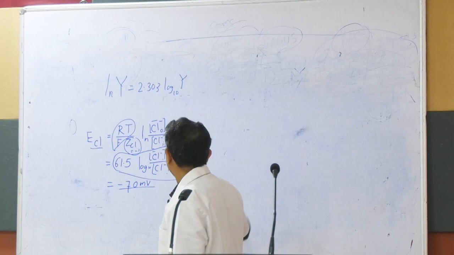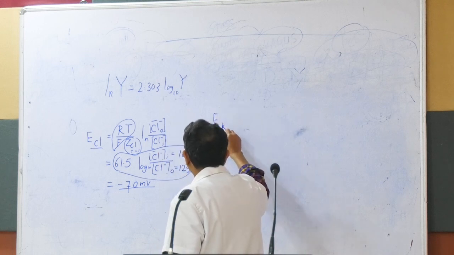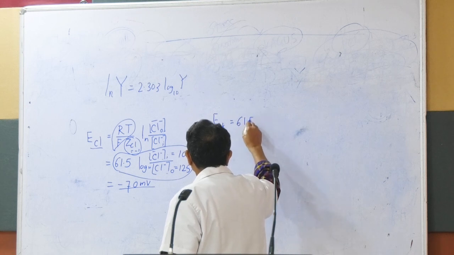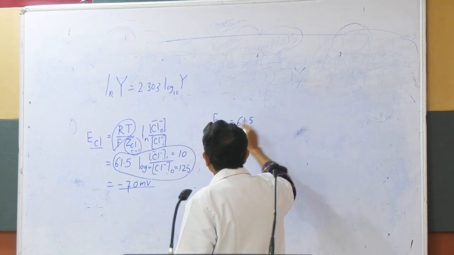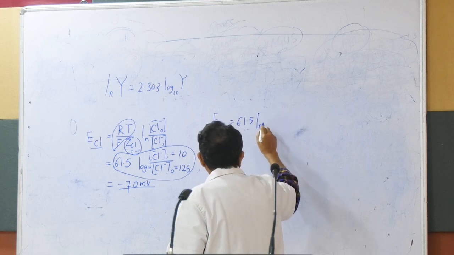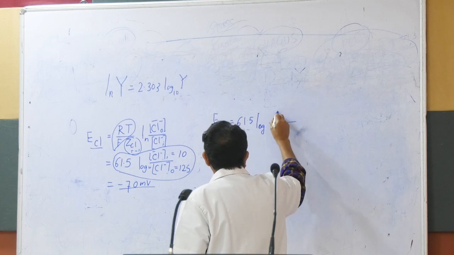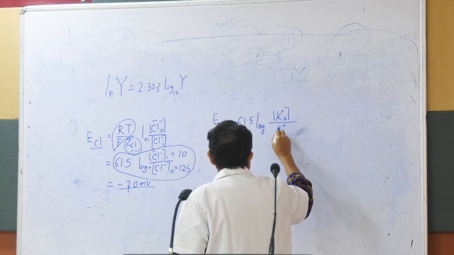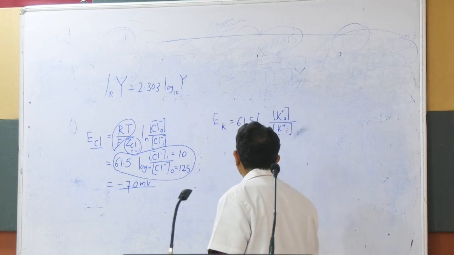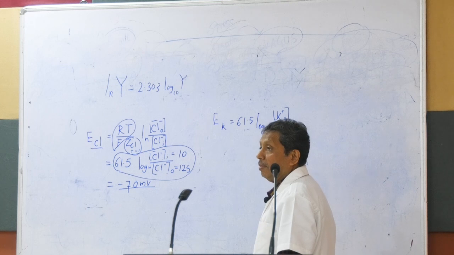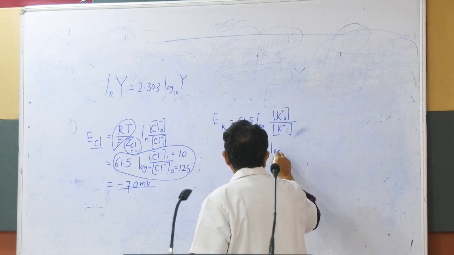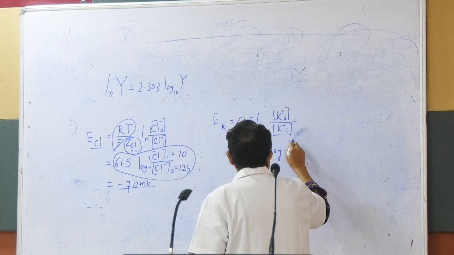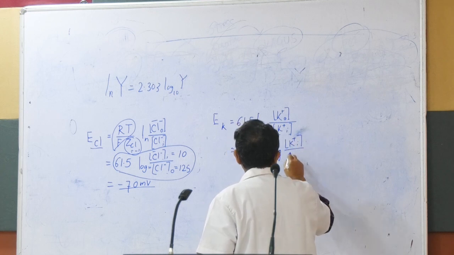Take the case of potassium ion, EK, the equilibrium potential, and it is 61.5, and in that case ZK is plus, so you can take a negative sign, negative 61.5 into log to the base 10, potassium concentration inside in the numerator and denominator.